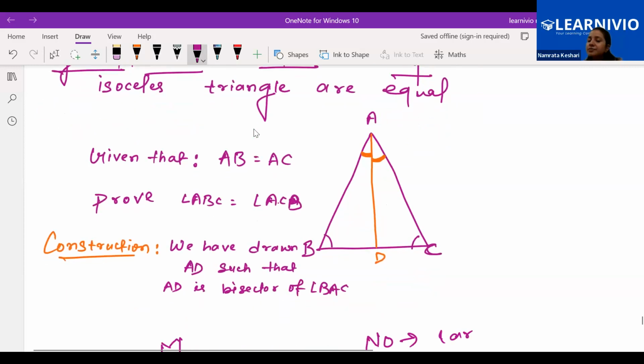Now we can see two triangles we are having. Let's try proving it congruent. Let's see whether it is possible or not. So we will be taking these two triangles, triangle ABD and triangle ACD. Now let me know, is it possible to prove it congruent?